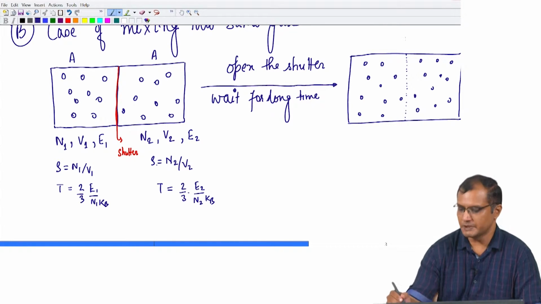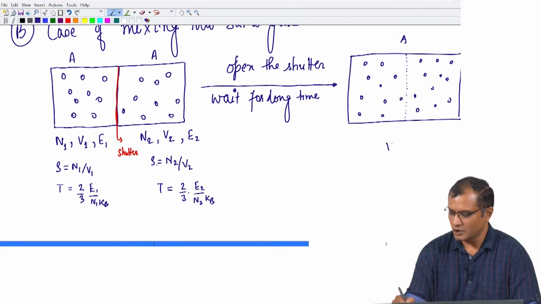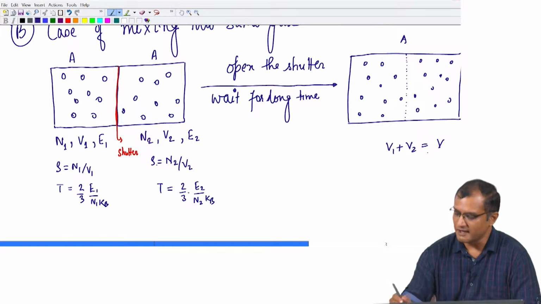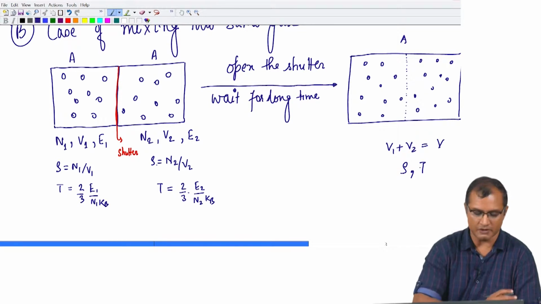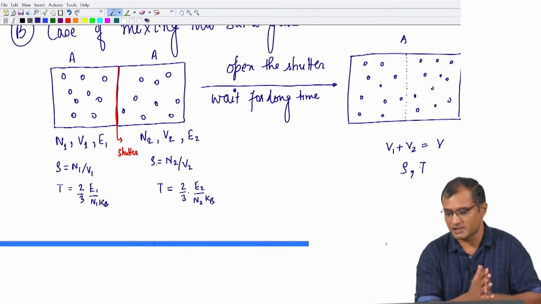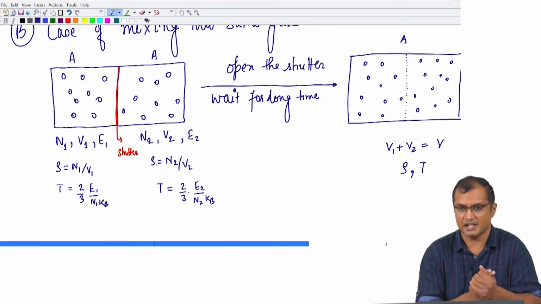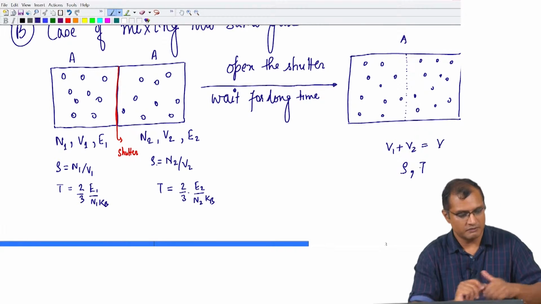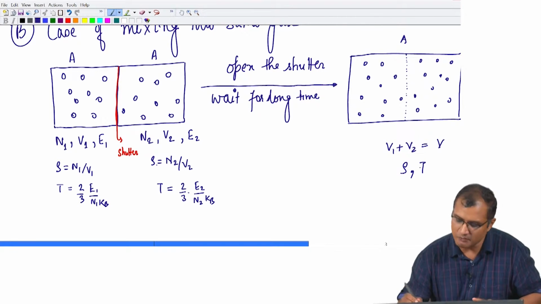Now, I am going to ask you a simple question. The final volume is V1 plus V2, which is V. The final density remains the same and the final temperature is also the same, because you did nothing to the temperature and densities; the temperature and density on both sides were the same. So, they remained the same after you have mixed it. Well, if you want to see why they remain the same, it is simple.